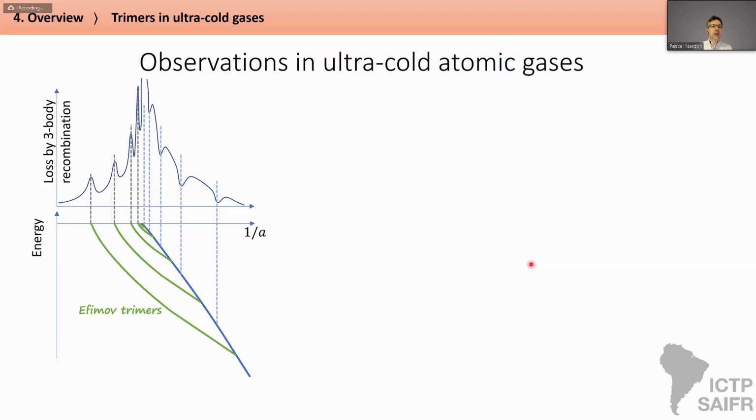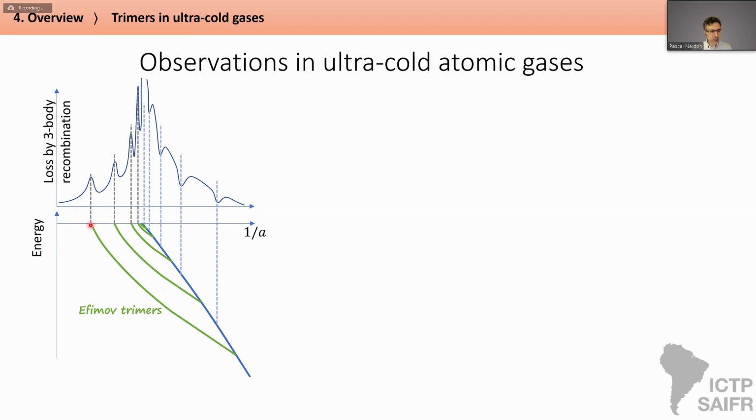Okay, so now I come to the observations in ultracold atomic gases. In the previous lesson, the first lesson, I explained a little bit the context of these ultracold atomic experiments. As I told you, these systems are very nice because we can actually change the scattering lengths between the atoms by tuning a magnetic field that is imposed on the system.